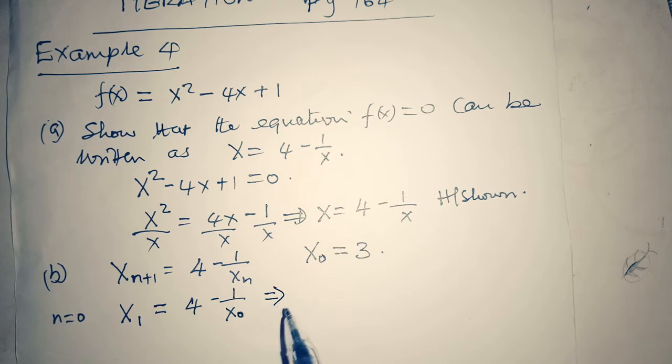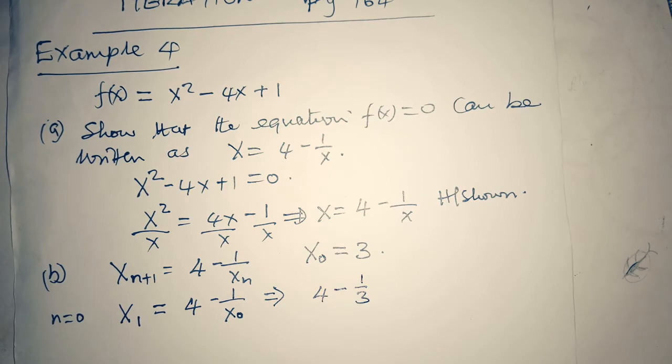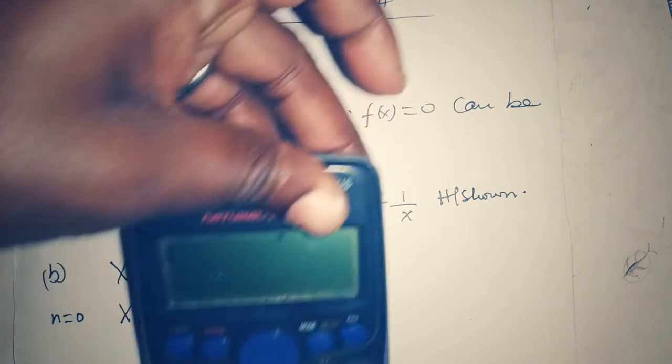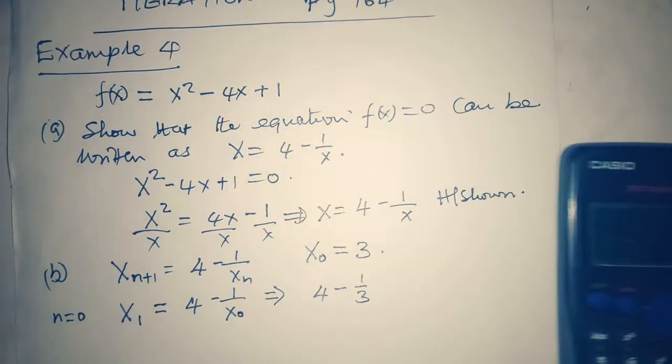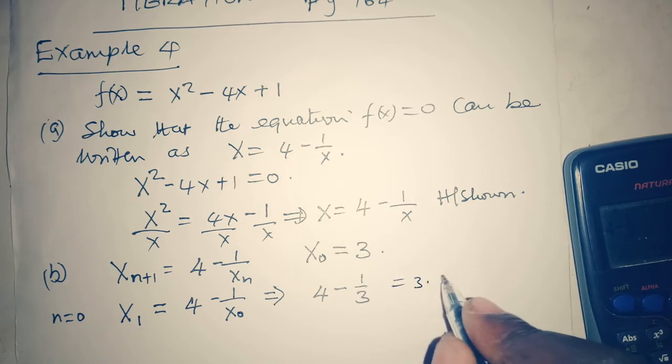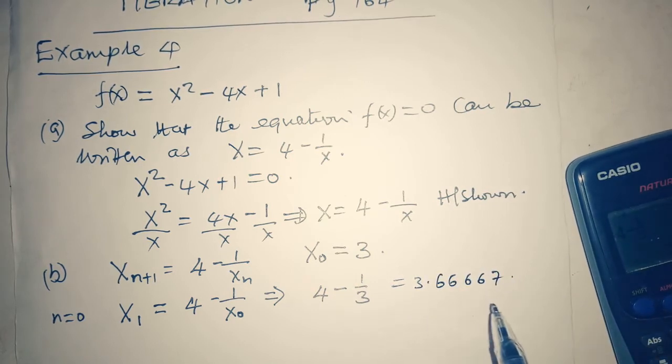If we substitute, 4 minus 1 over 3 is going to be 3.66667, and this is x1.